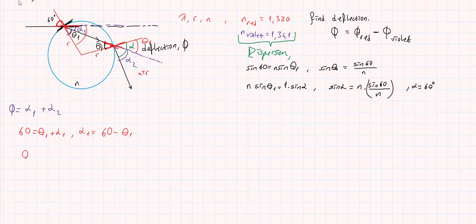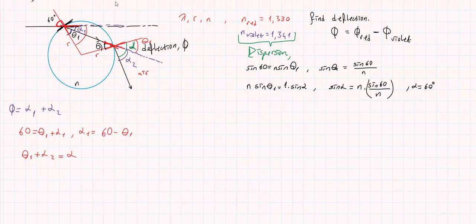So I can say that theta 1 plus alpha 2 will give me alpha, the green angle.